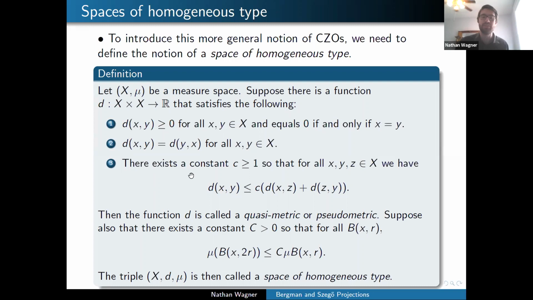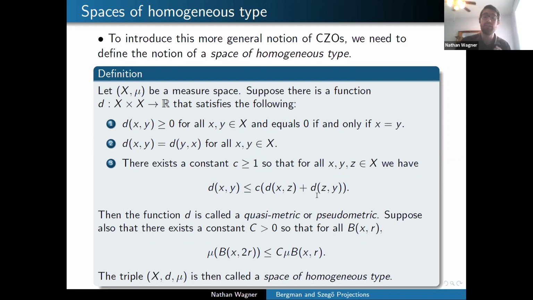The third property says that there exists a constant C, which is bigger than or equal to 1, so that for all x, y, z in X, the distance between x and y is less than or equal to this constant times the distance from x to z plus the distance from z to y. If this constant is 1, then this is truly a metric.